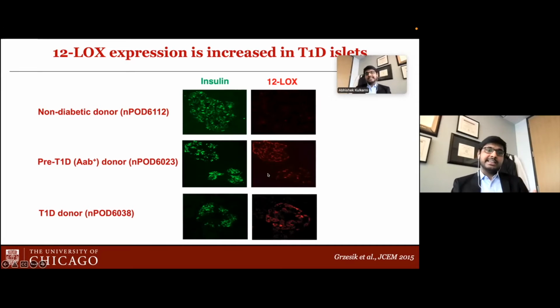So to study the role of 12-lipoxygenase in more detail, that too in a physiological context, we have resorted to the most widely used mouse model of type 1 diabetes pathogenesis, the non-obese diabetic mice, or the NOD mice.